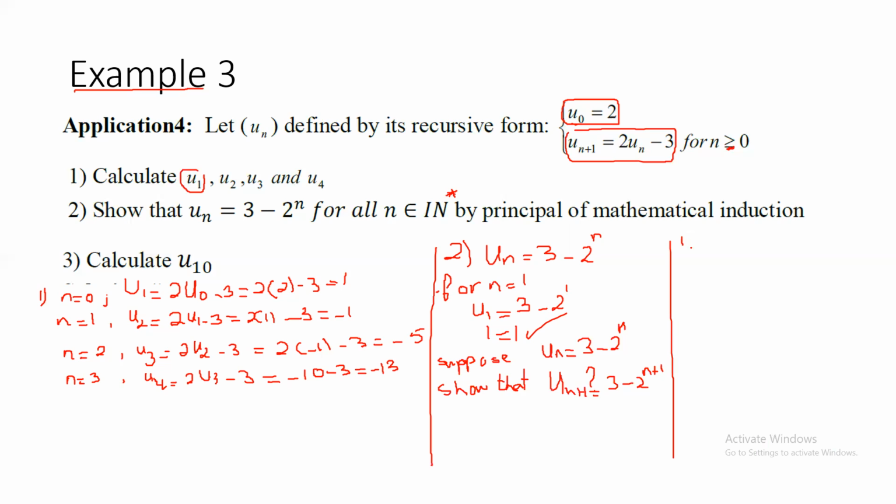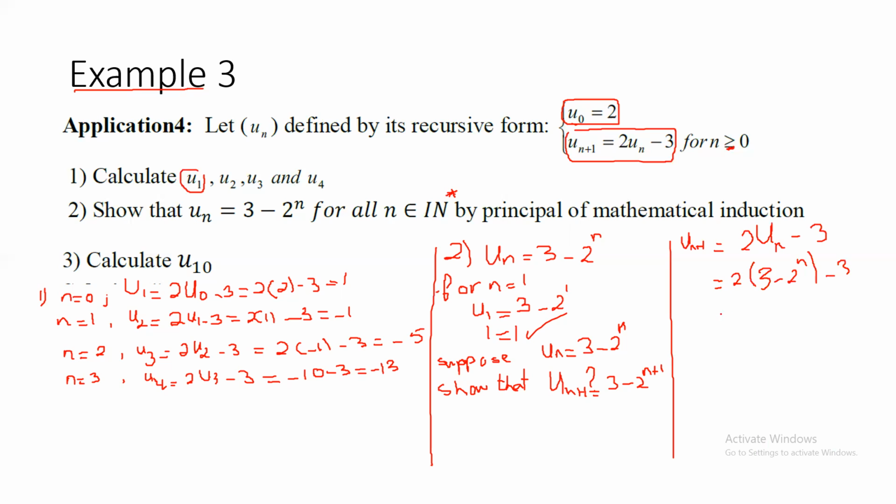What we have given is un plus 1 equals 2un minus 3. Un has its value 3 minus 2 to the n, so 2 times (3 minus 2 to the n) minus 3.